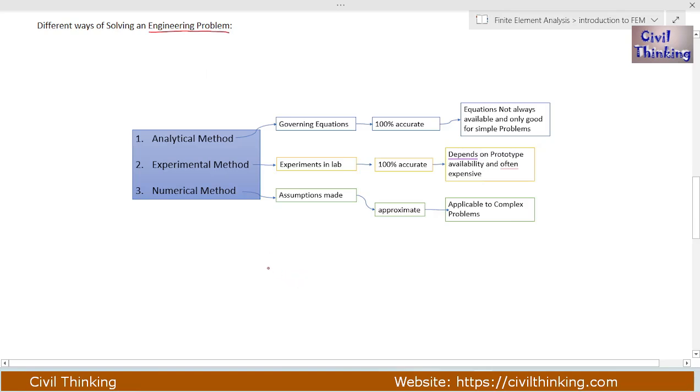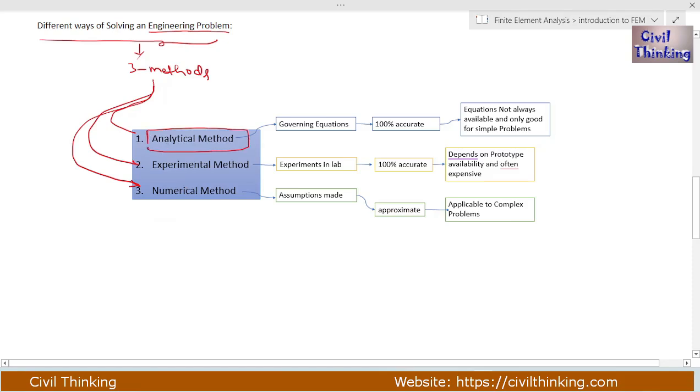Now there are basically three methods to solve them: the analytic method, the experimental method, and the numerical method. Let's talk about the analytical method first.